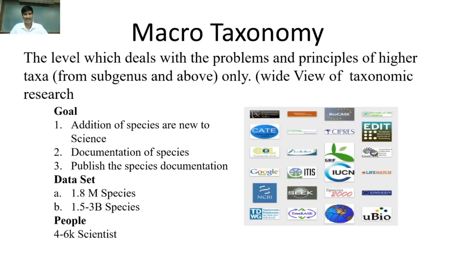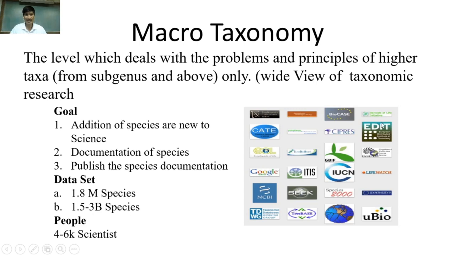Then, regarding datasets, in nature or in the world there are different types of institutes. On the right-hand side, we see different pictures: GBIF, then CATS, then EOL, then NCBI.